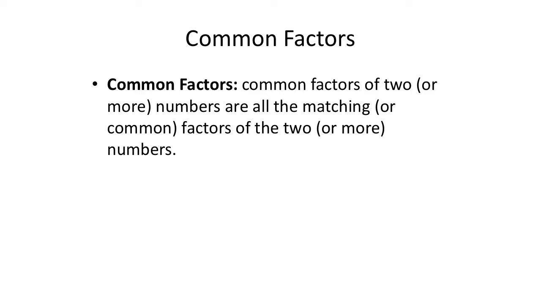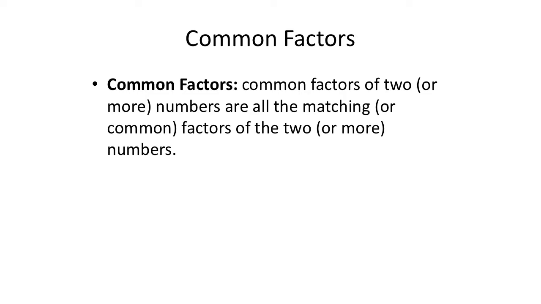Those are common factors, okay? Now, it is possible for one of the two numbers to be an actual factor of another one, and that's okay. And I think we'll see an example like that. But whether we do or not, just understand that it may happen, okay?